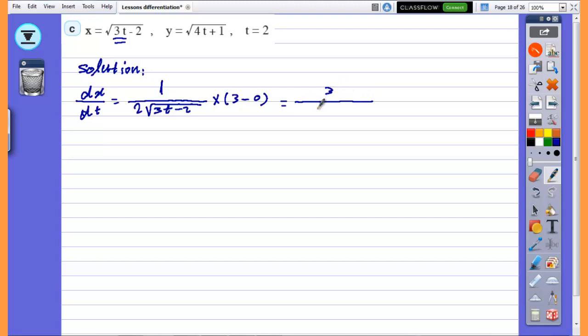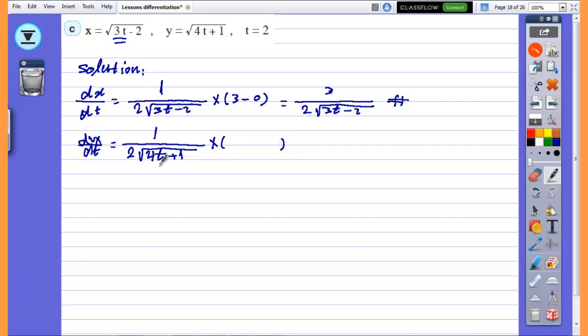It will be 3 over 2 root 3t minus 2. Now we calculate dy/dt. dy/dt equals, with the same rule for differentiation of the square root, 1 over 2 multiplied by the root of 4t plus 1, multiplied by the derivative of the quantity inside the root.